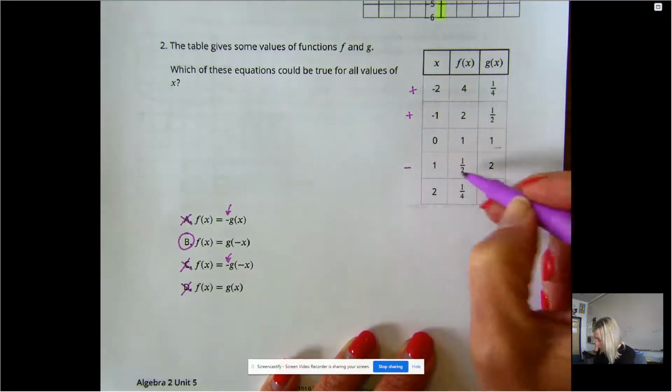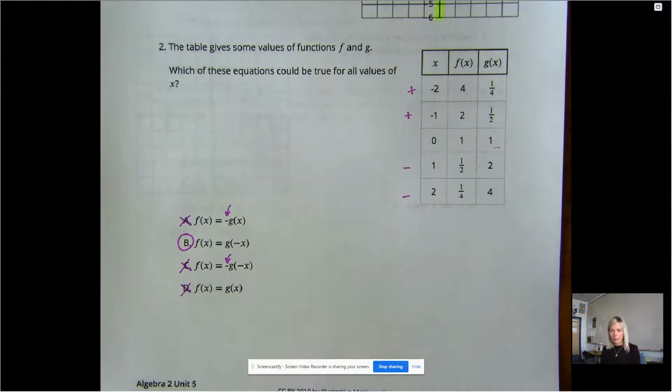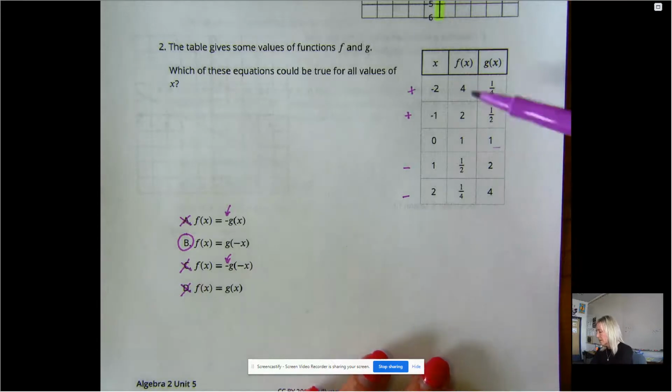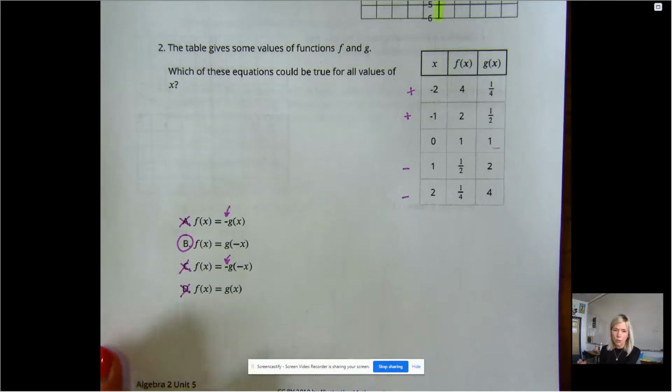If this was a negative 1 and a negative 2, then we'd be working with negative exponents, which would create some fractions. If it's exponential decay and then we use negative exponents, then it would actually create some whole numbers. Okay, so it is definitely option B. But again, you could totally have figured that out by a process of elimination.